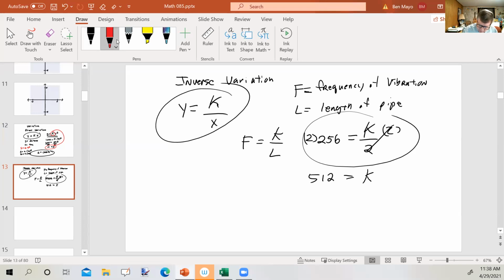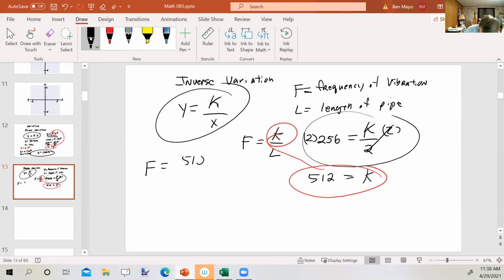Okay, so now we're going to take that information and put it in here, which gives us F equals 512 divided by L. So L becomes 6.